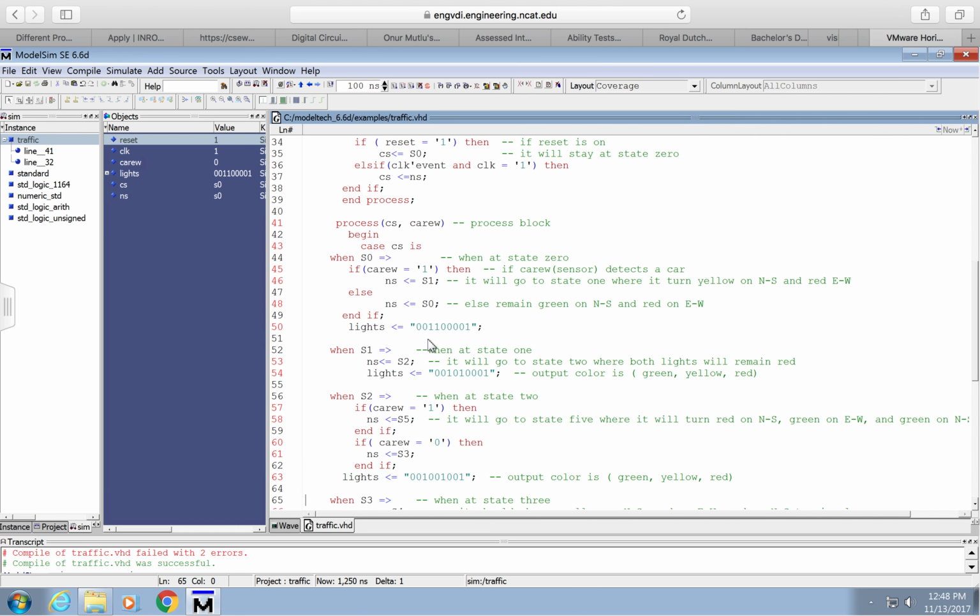When I'm at state two, if it detects a car, it will go to state five for the turning lane, where it will be red on the east and west, and green on the north and south traffic light. If it doesn't detect a car, it should go to state three.